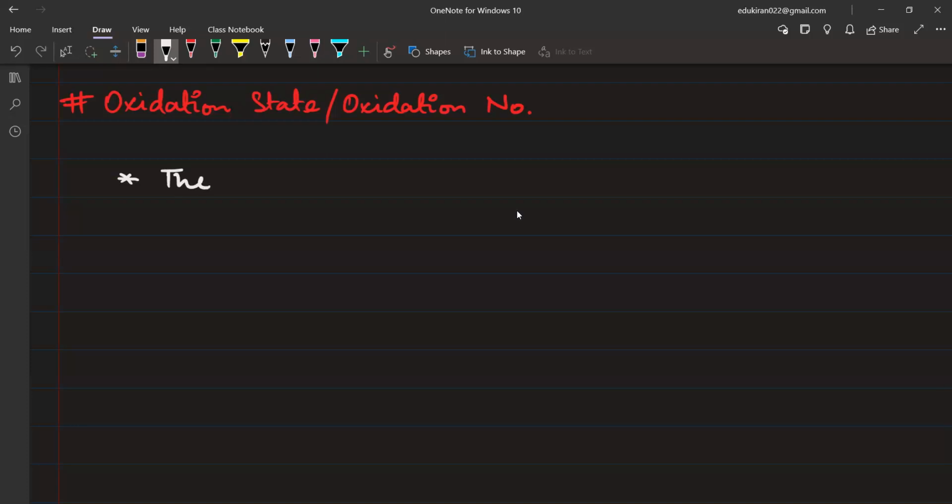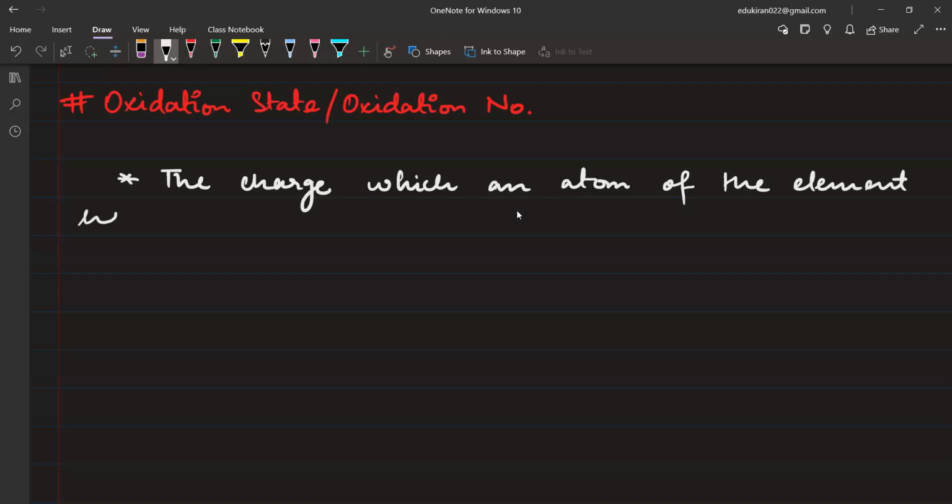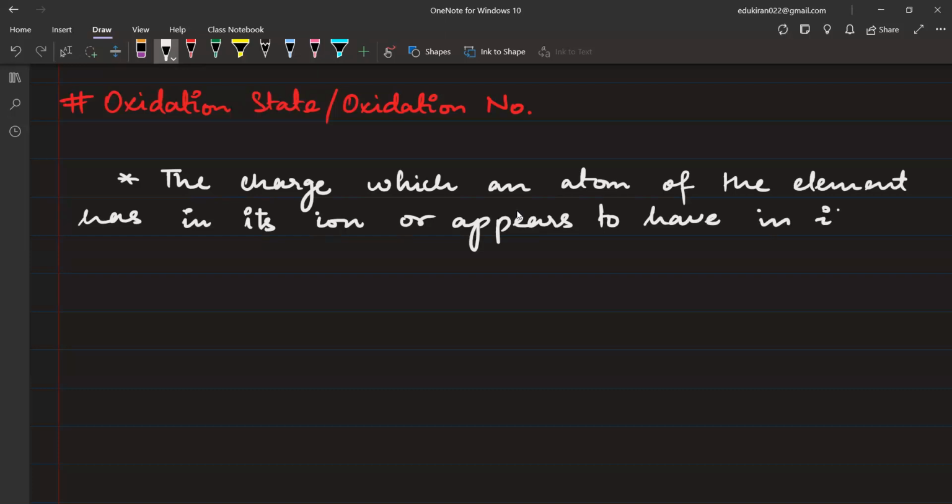Please write the charge which an atom of the element has in its ion or appears to have in its combined state.